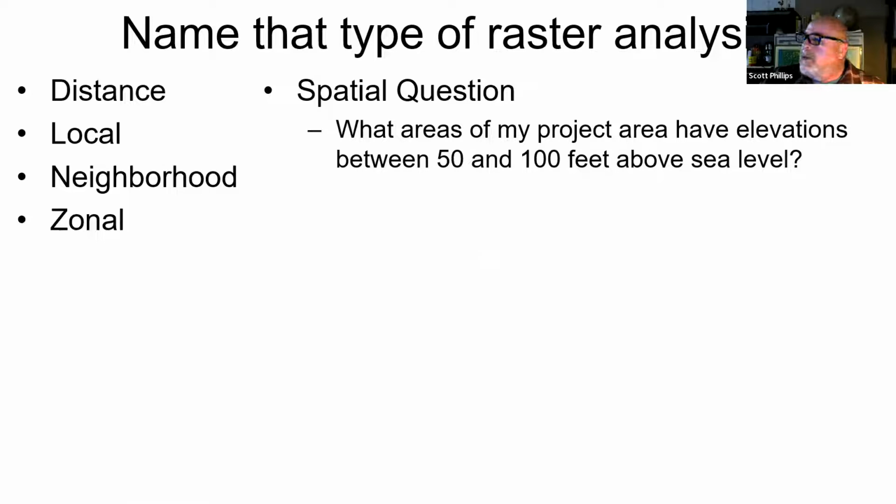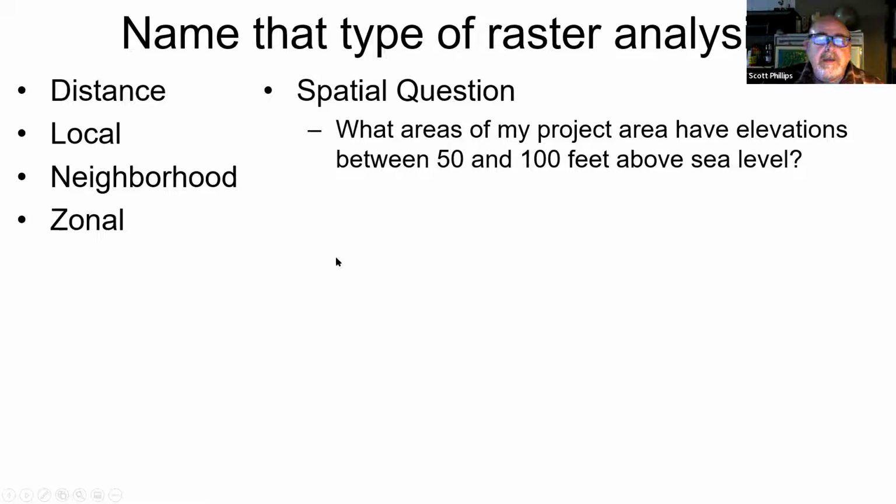Okay, we can play this like a little game. In the last part of the lecture, we talked a little bit about different types of operations: distance, local, neighborhood, or zonal. And just to make it a little fun, here's a spatial question. What areas of my project area have elevations between 50 and 100 feet above sea level?